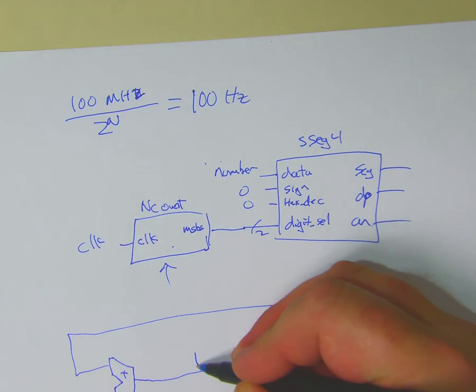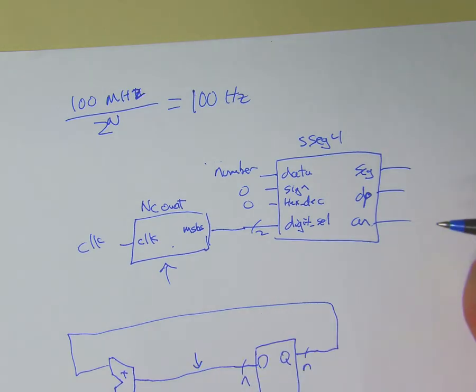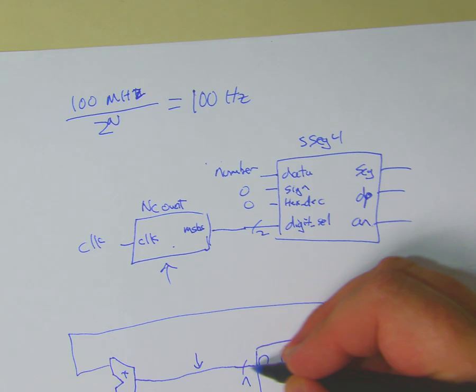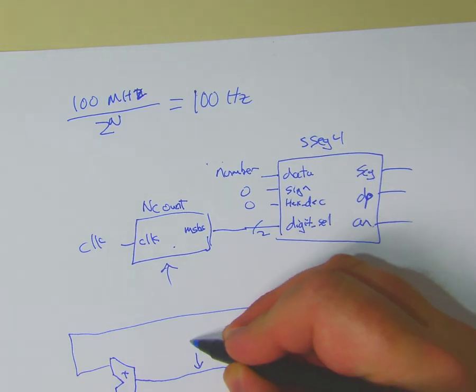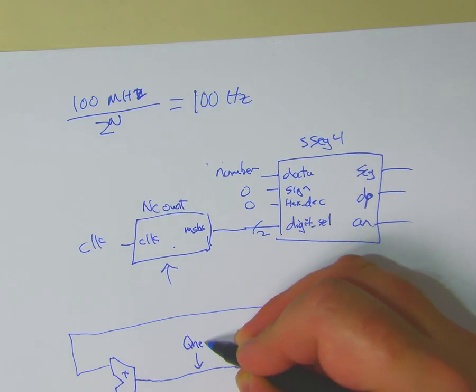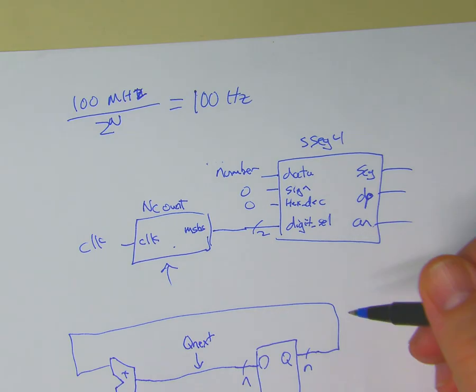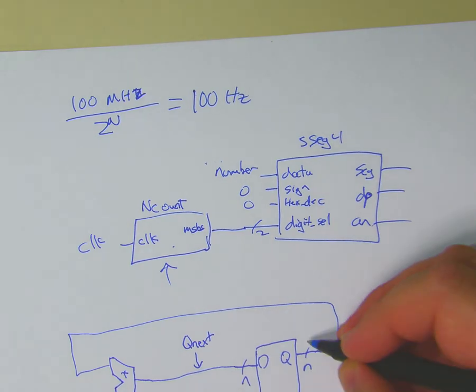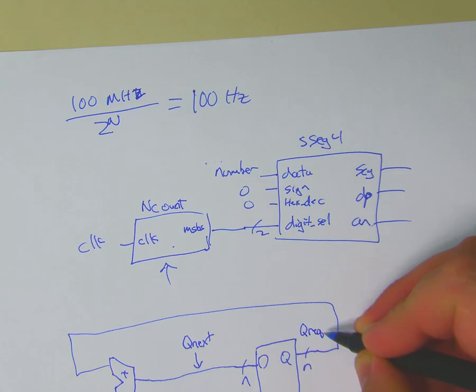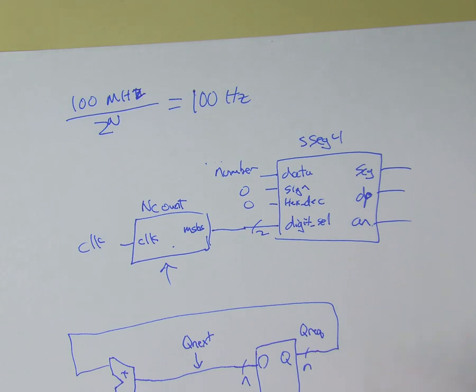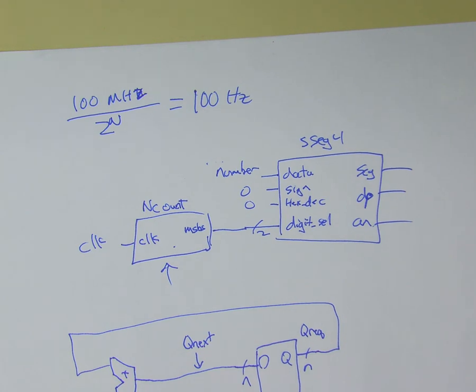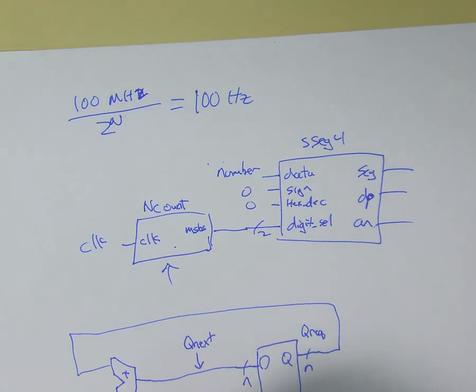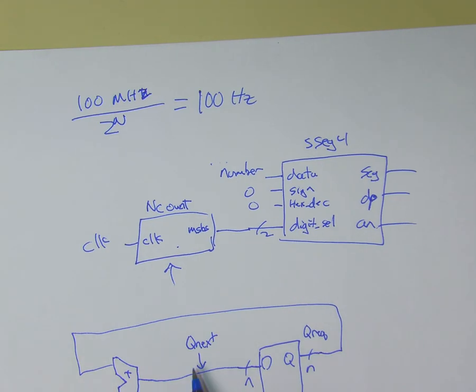Well, I have to name this wire, and we said this is usually called Q next or something like that. And this one can be called a bunch of things. It can be called Q current, it can be called Q reg, it can be a lot of stuff. I'm going to use Q reg. So how would you describe this circuit?